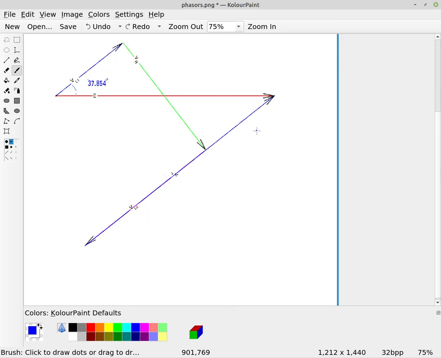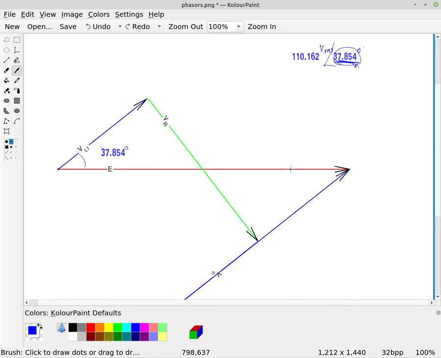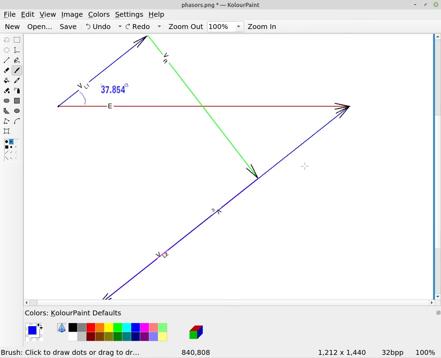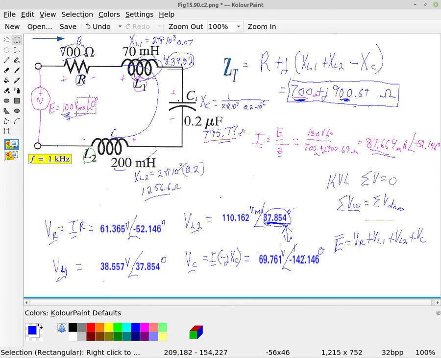Okay? And so this is our phasor diagram. This is the phasor diagram for this circuit here when we apply 100 volts with an angle of 0 degrees to it.